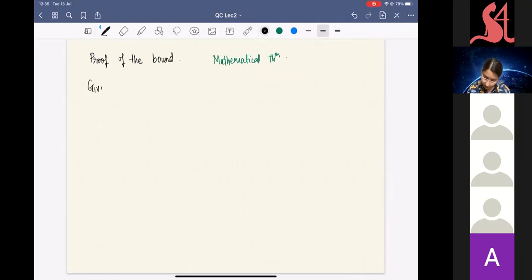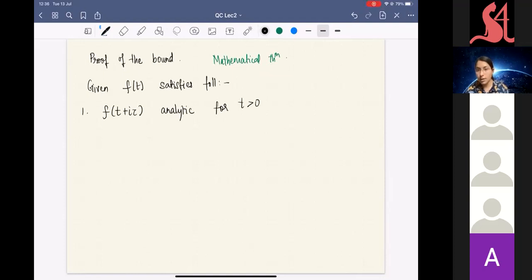Given a function f of t which satisfies the following: f of t plus i tau is analytic for t greater than 0 and in the half strip.